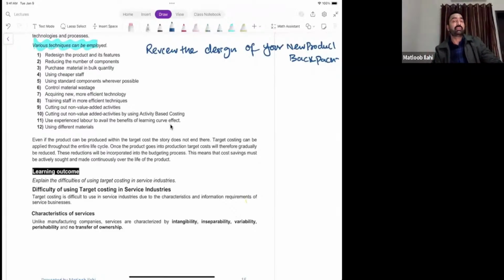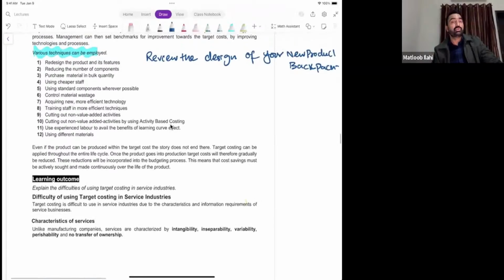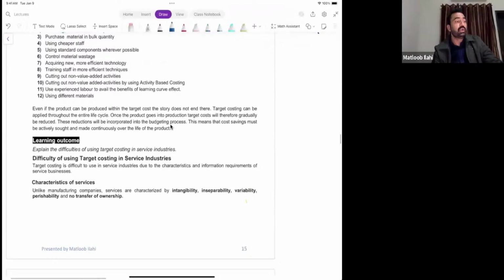So these are the different ways that can be used to reduce the cost of the product and bring it to your target cost level.